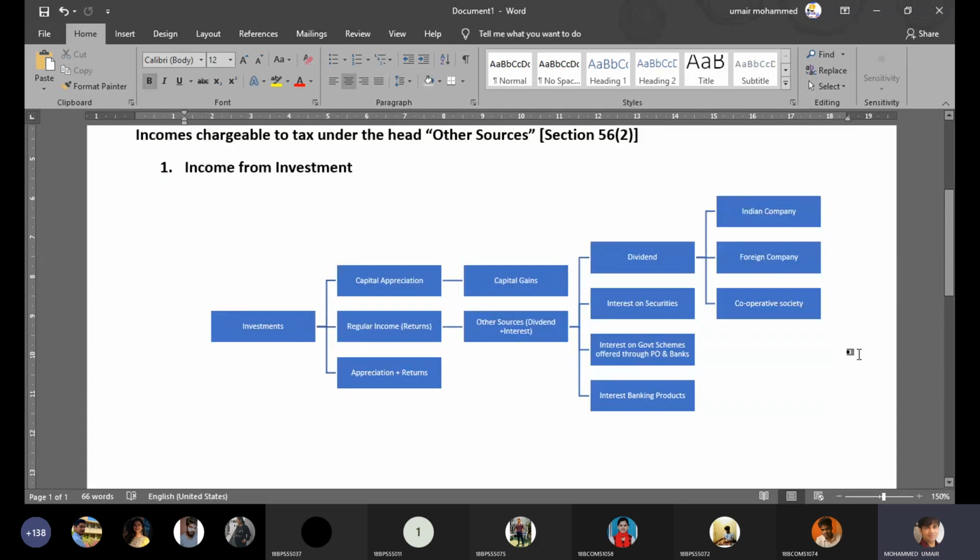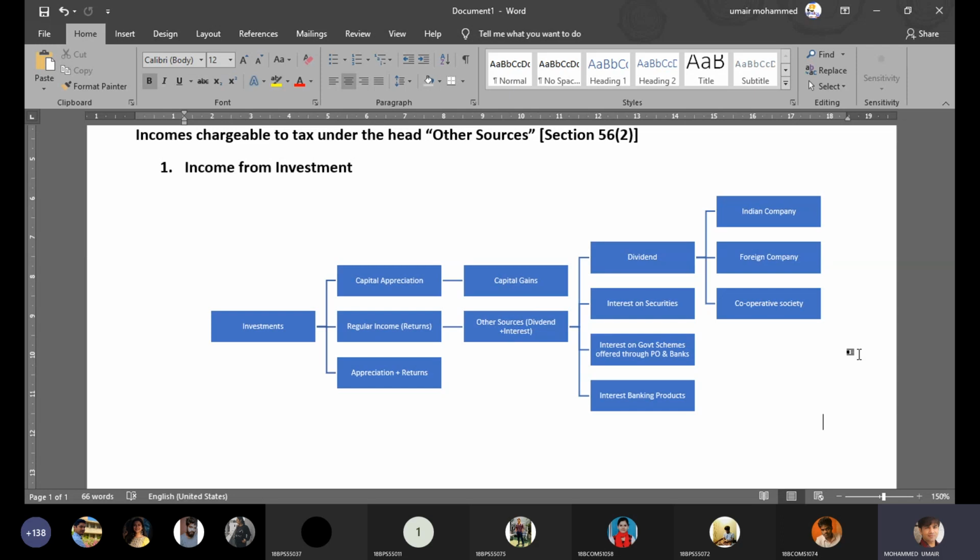First of all, what is dividend? I need not explain the meaning of dividend, because you are aware that dividend is nothing but the profits which are distributed to the shareholders. So profit which is distributed to the shareholders is called dividend, right? So let's understand the taxability of dividend.